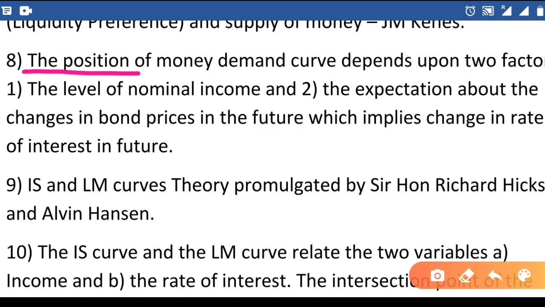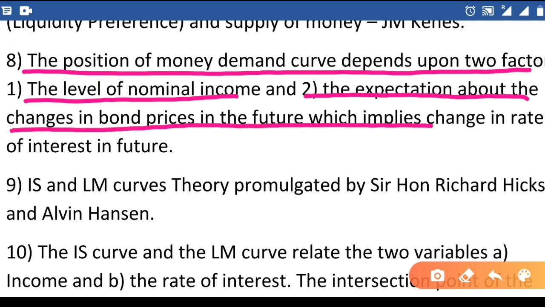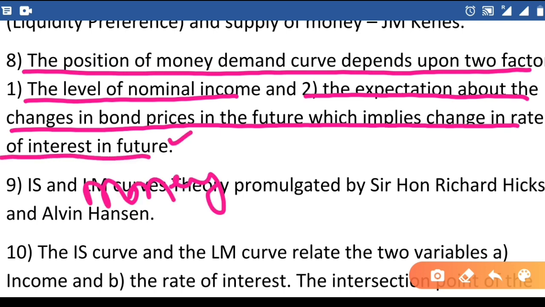The position of the money demand curve depends upon two factors: the level of nominal income and the expectation about changes in bond prices in the future, which imply a change in the rate of interest in the future. Here the money demand curve mainly depends on nominal income as well as bond prices.